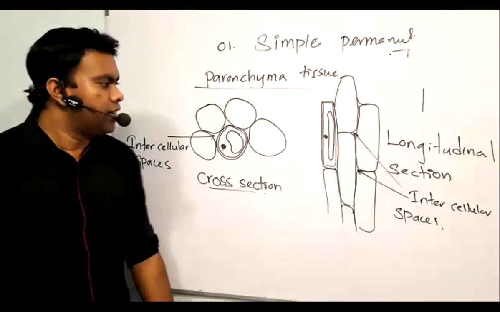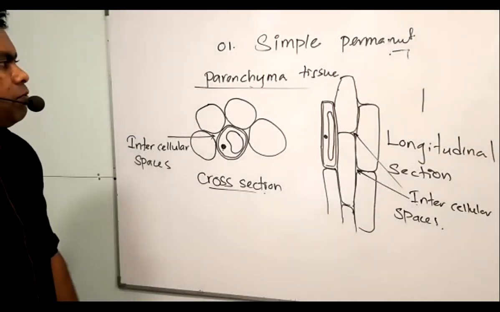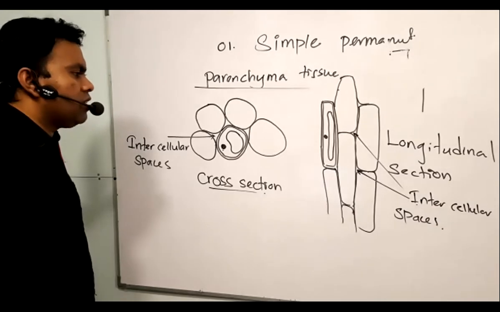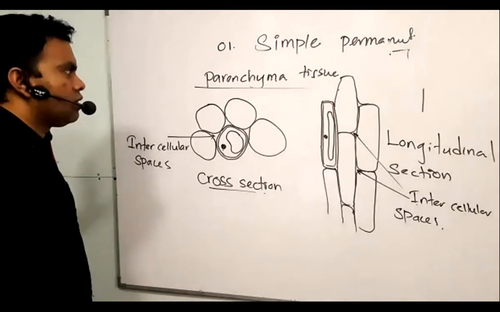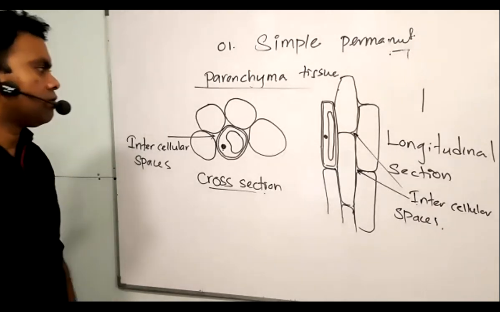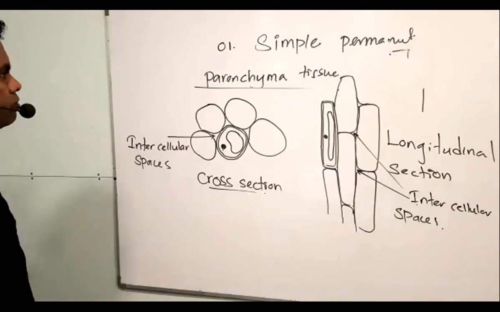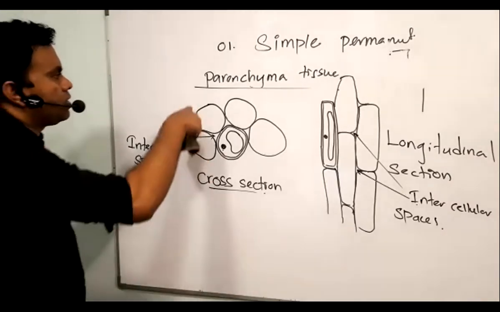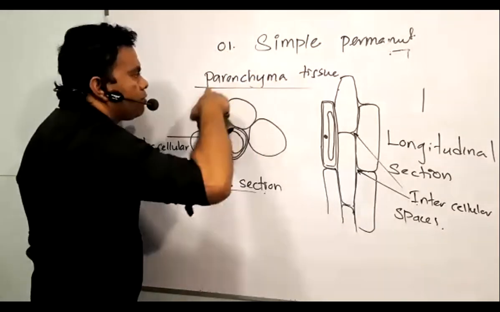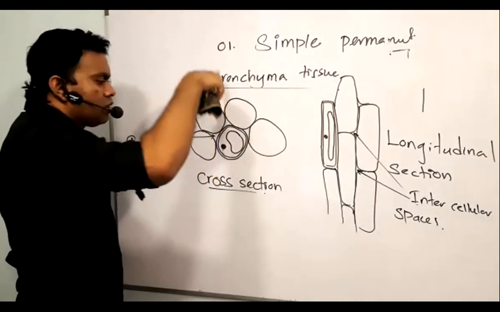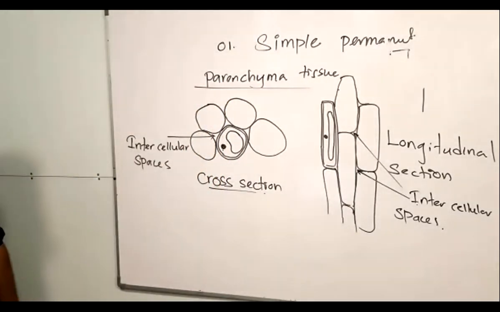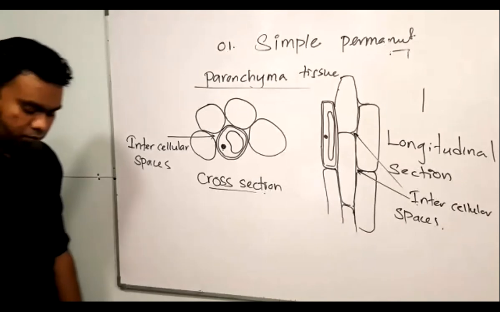Good. Next, write features of parenchyma tissue. Okay, so this is simple permanent first type parenchyma. Now we are going to study the features of parenchyma tissue.